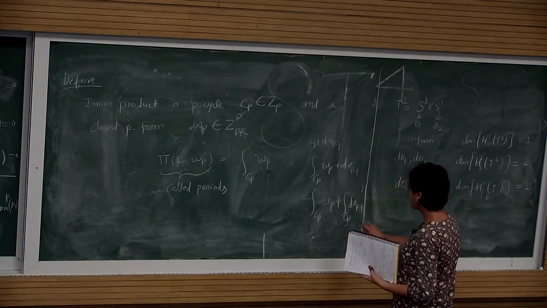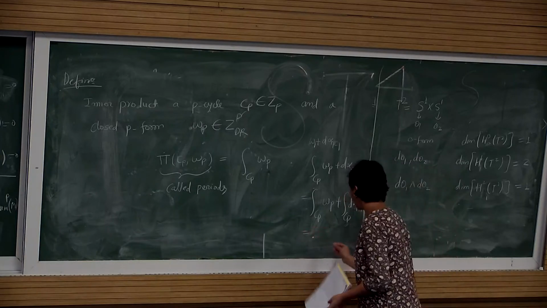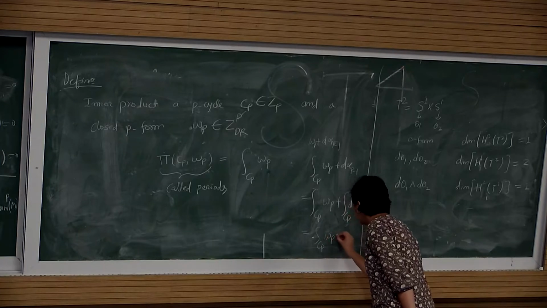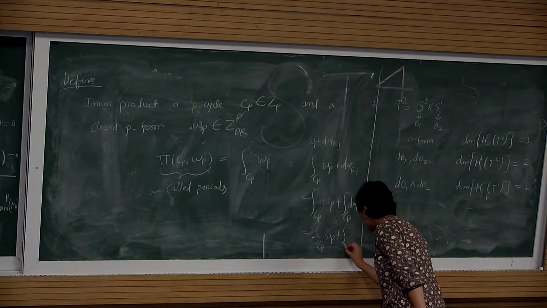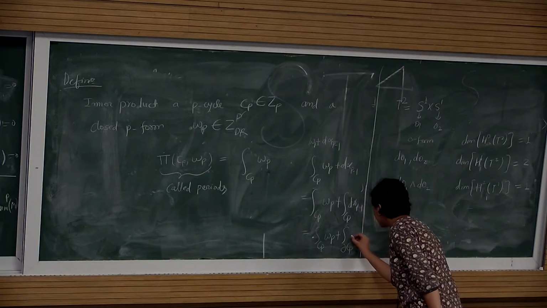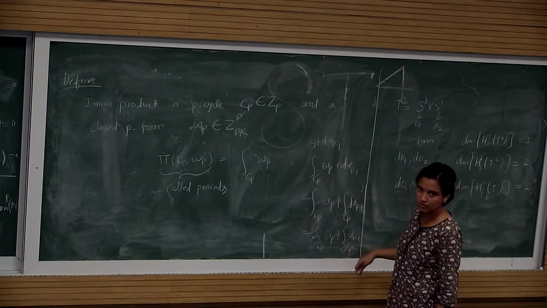Now using the Stokes theorem, we can integrate the alpha p minus 1 over the boundary of this p cycle, but the boundary of a p cycle by definition is 0.